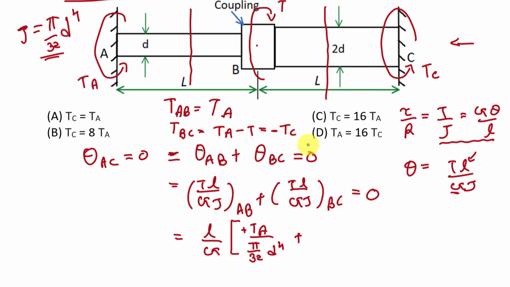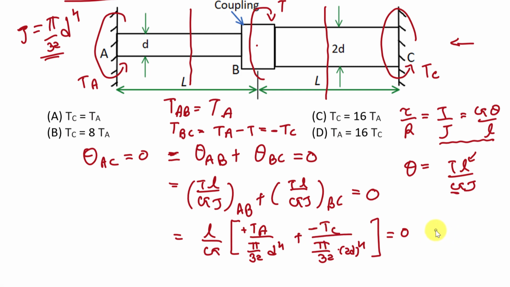And if we put this TC here, then it is TC divided by pi by 32 into this diameter for this second shaft, which is 2d, right? So here we have to put 2d. So it is 2d raised to 4 is equal to 0. And here this TC is minus, right?